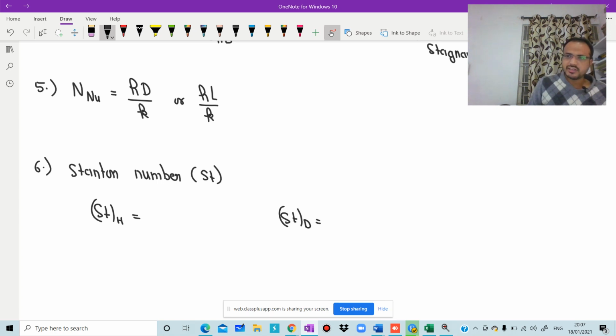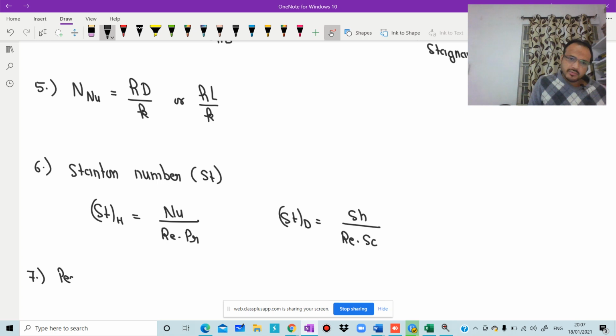D for diffusion, H for heat. That's why one is for mass transfer and the other is for heat transfer. The Stanton number for heat transfer is Nusselt by Reynolds into Prandtl. And here we have Sherwood by Reynolds into Schmidt.